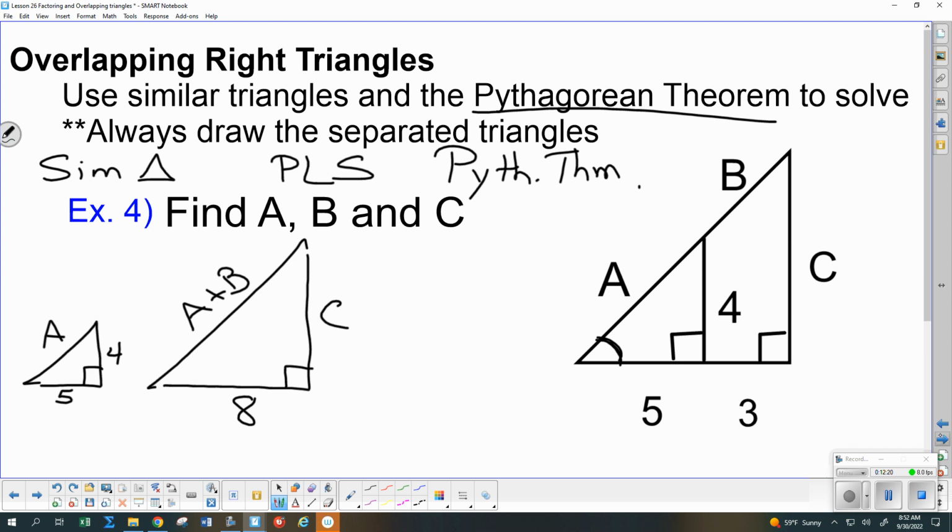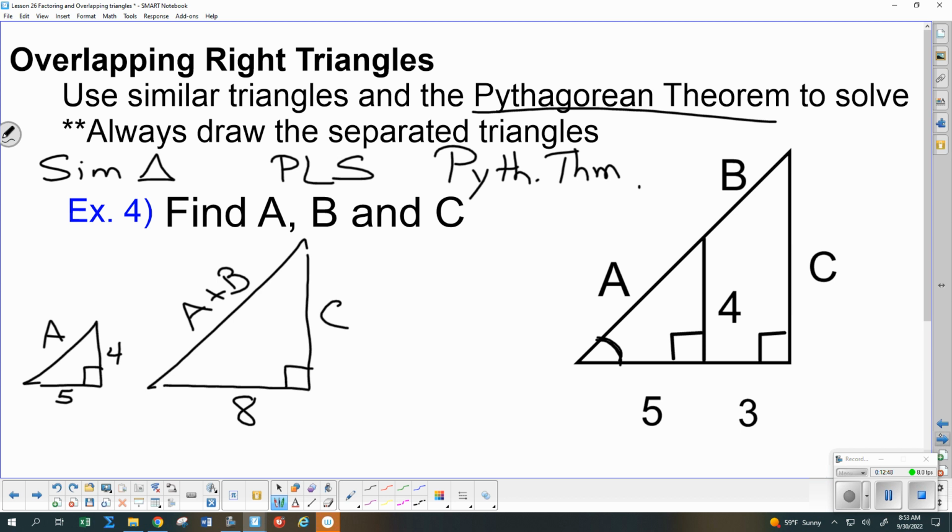So when they are right triangles that overlap, we have 3 tricks in our toolbox, whereas when we didn't have the right angle, we just had the proportional line segments and the similar triangles. So which one do you think is going to be easiest to get first, A or B or C, as you look at those now 3 triangle pictures that we have up there?